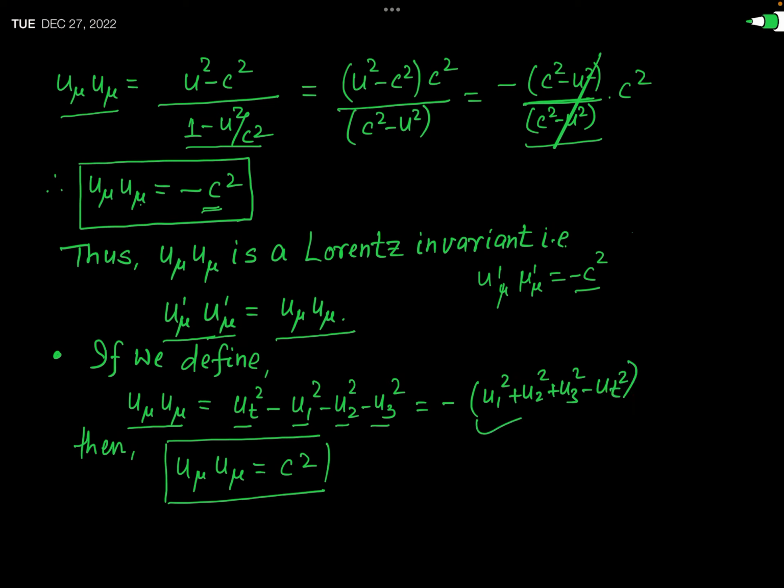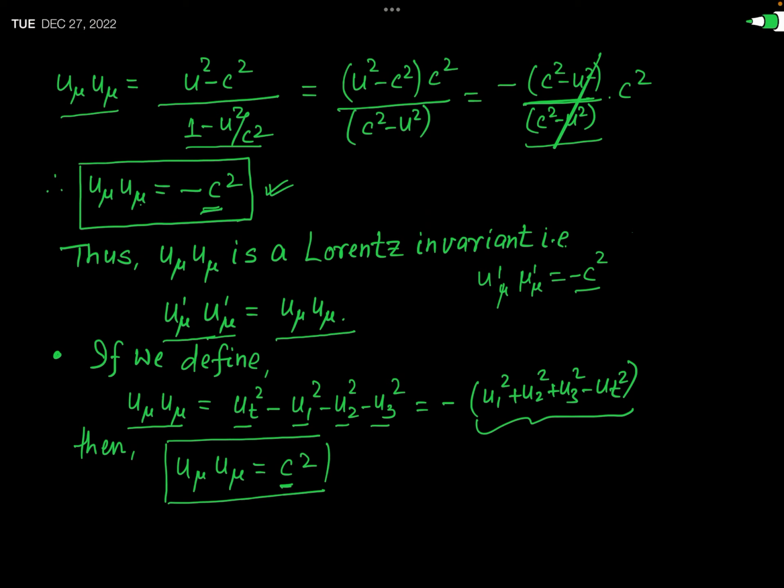But you have seen that this sum is equal to minus c square. So minus minus will become plus, and then we simply say that this product u mu times u mu is equal to c square. So you can write the square of the modulus of the four velocity vector is equal to either minus c square or plus c square. This is just a convention. It depends on you which convention you follow. But generally people follow the convention which I have mentioned earlier.